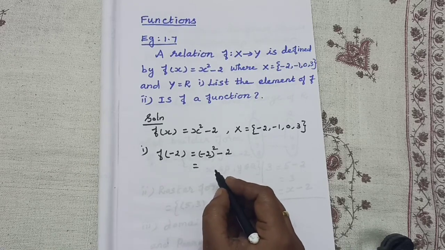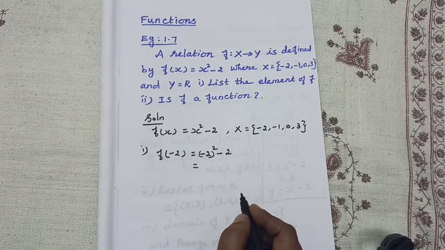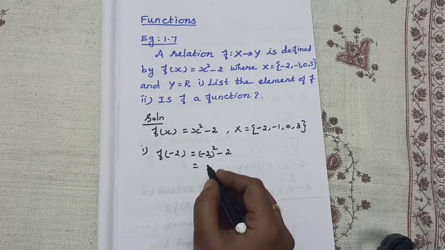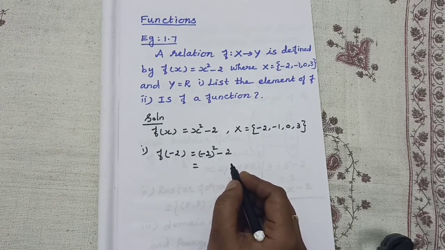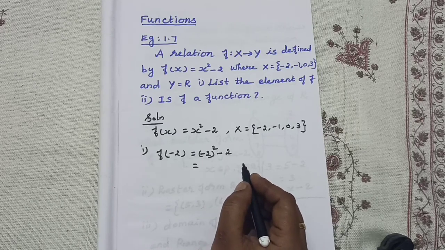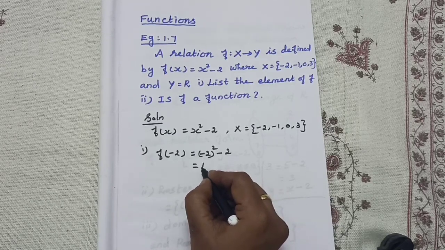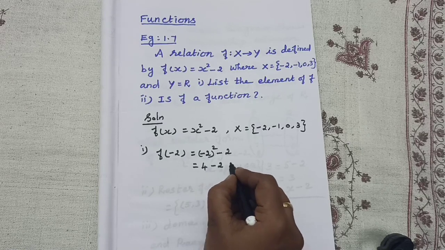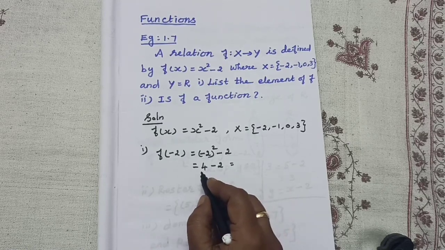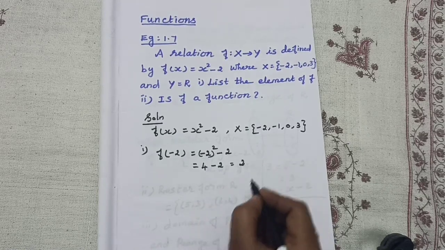Minus 2 the whole square is minus 2 into minus 2, which is plus 4, since minus into minus is plus. Then 4 minus 2 is 2.